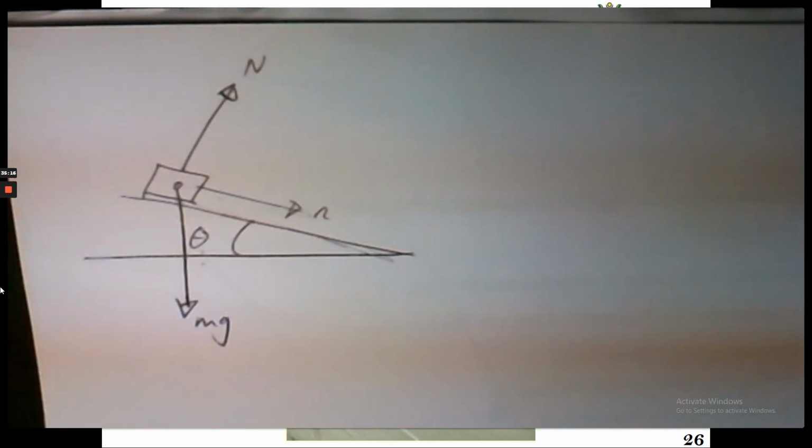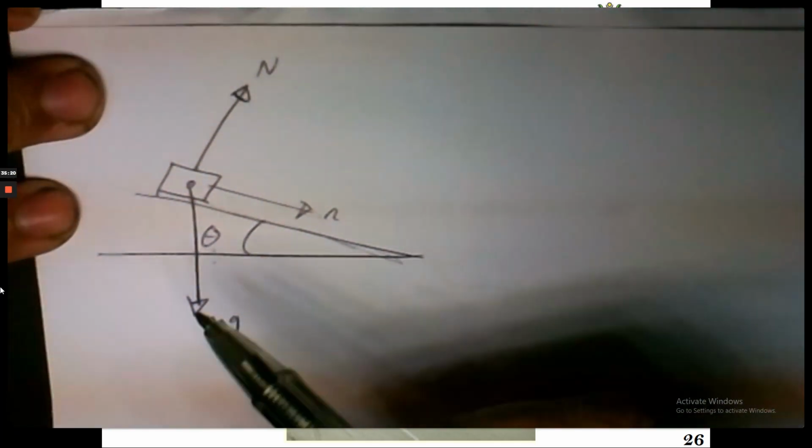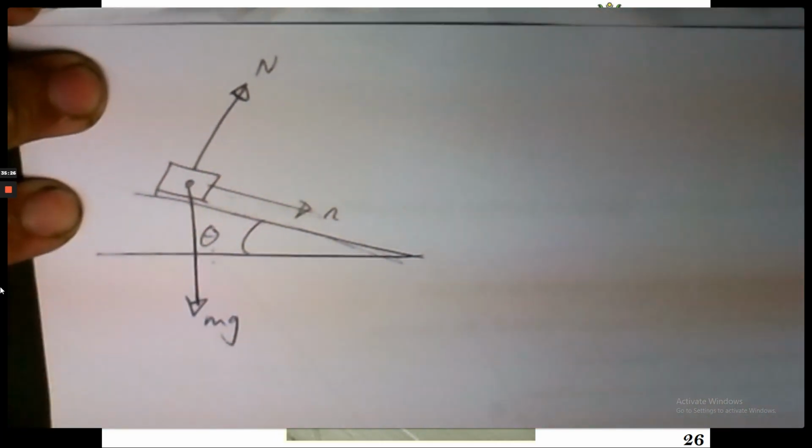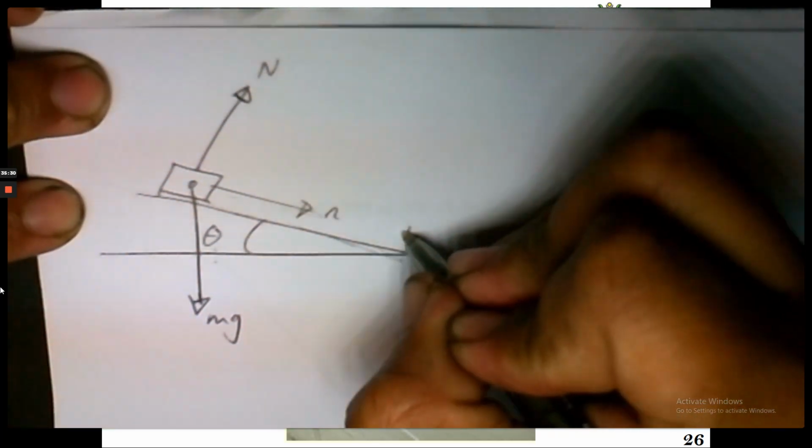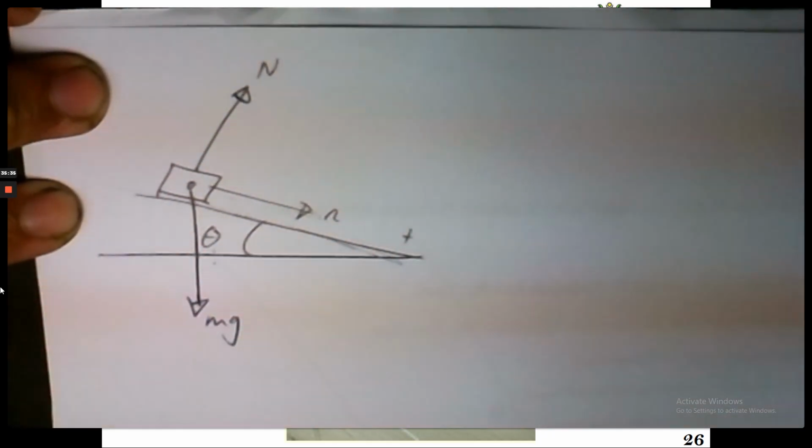Using the normal and tangential coordinates, the car is moving pointing outward from this paper right here. So N is pointing to the center of curvature.